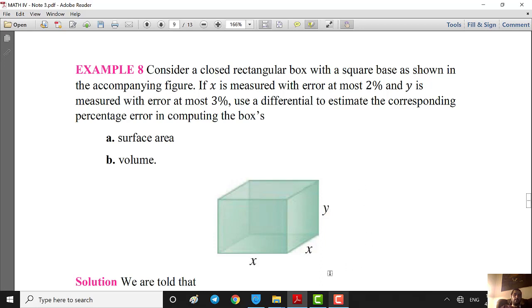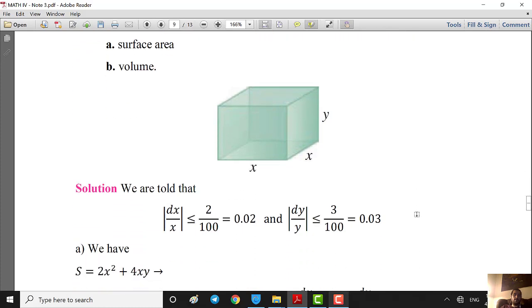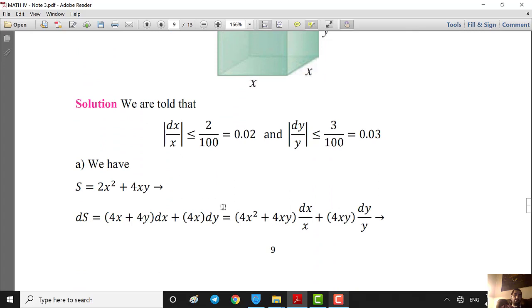So we have 2 times x squared for the top and bottom squares, and 4 times xy for the sides. So the surface area is 2x squared plus 4xy, right?